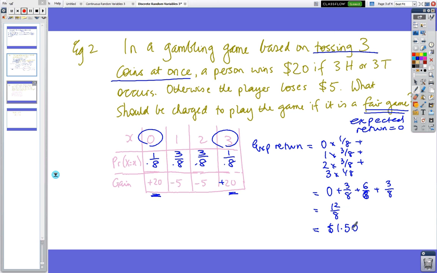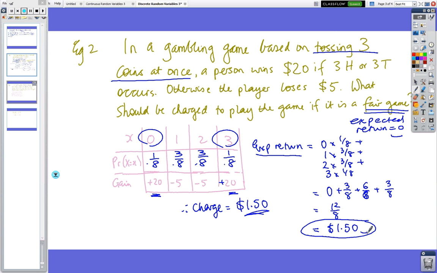So the expected return for the whole game is $1.50, and if it's a fair game, the expected return is 0. So the charge would be $1.50 per game, because that's what you get charged, and that's how much you win.